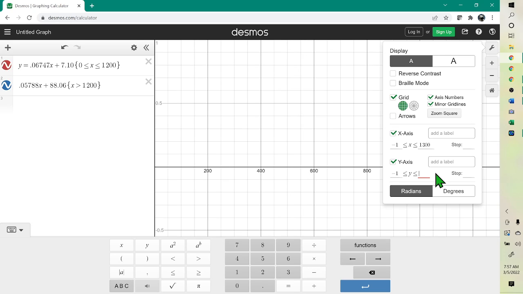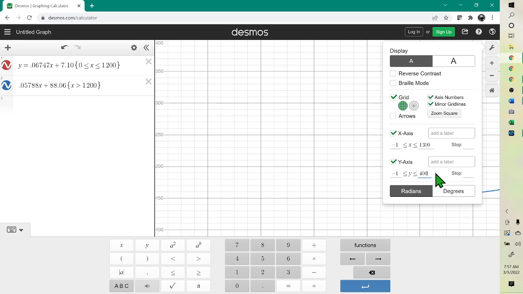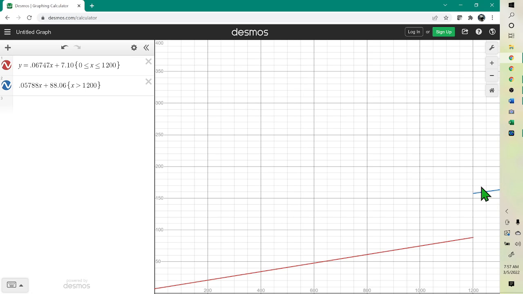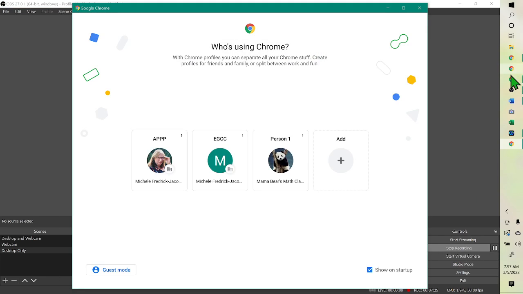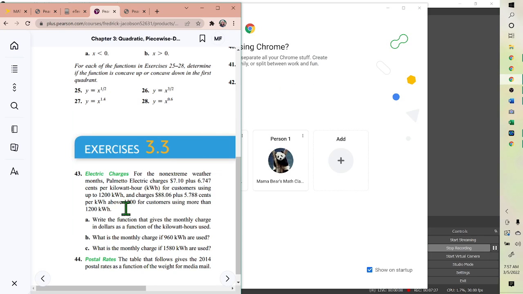I'm going to go 400 and see if everything's there. Yeah, we got enough. But you can see where your graph is. You can see that it's discontinuous at 1200. So that would be writing it and graphing it.